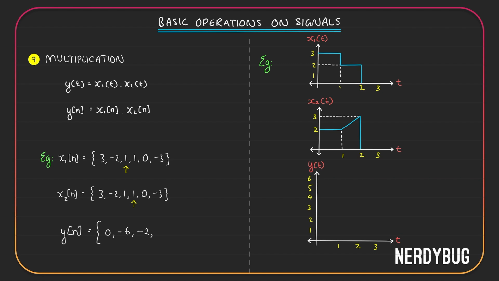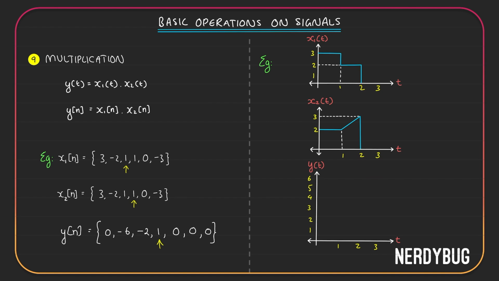Then the 0th terms 1 and 1 will be multiplied, we get 1. The first terms 1 and 0, we get 0. Second term 0 and minus 3, we get 0. Third term is minus 3 for x1 of n. For x2 of n, there is no third term, so that also is 0. So our signal is technically minus 6, minus 2, 1, where the middle term is 1.